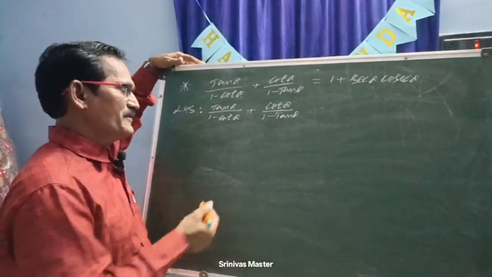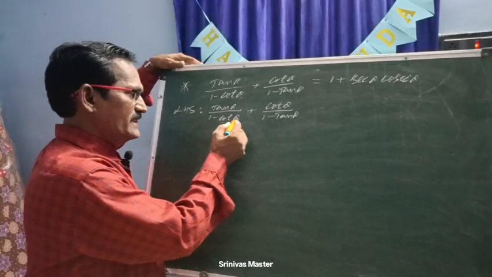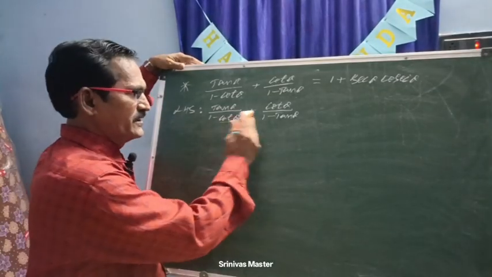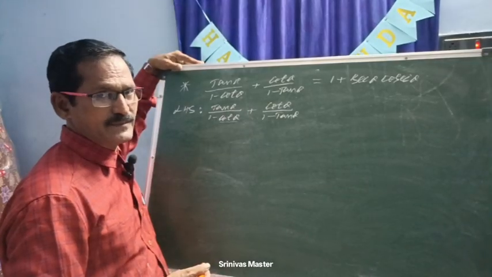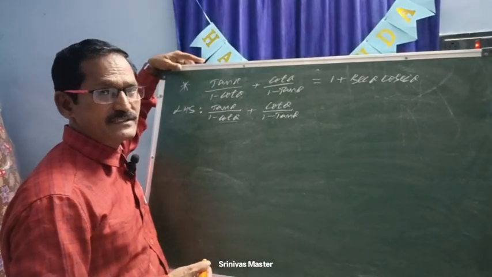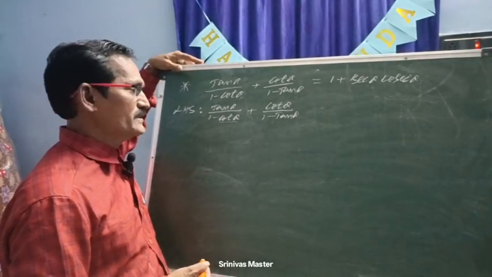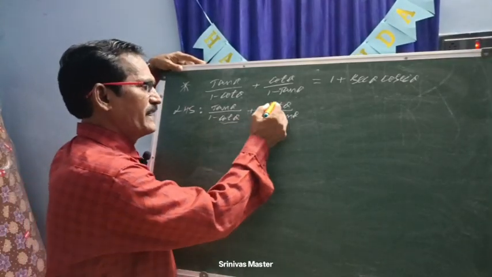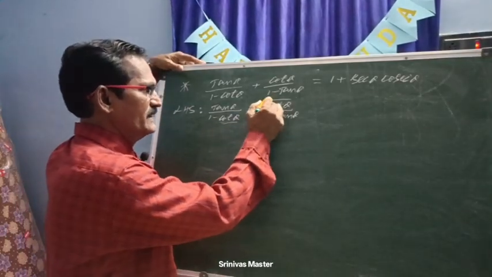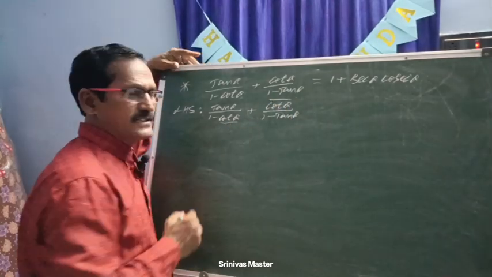Another way, if you want to do that, you can change the cot theta in both the fractions. Cot is the reciprocal of tan, right? That means cot theta is equal to what? 1 by tan theta. So if you want to change that cot theta, then in both the fractions you must change. Here is cot theta, here also cot theta.